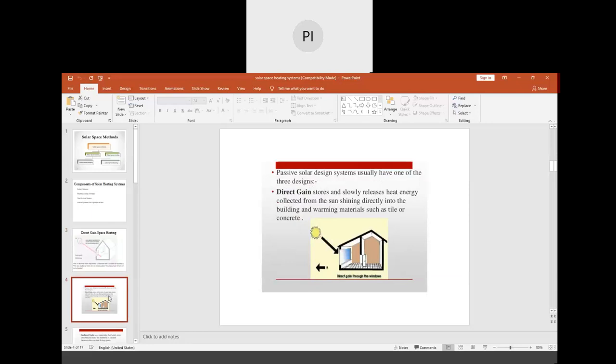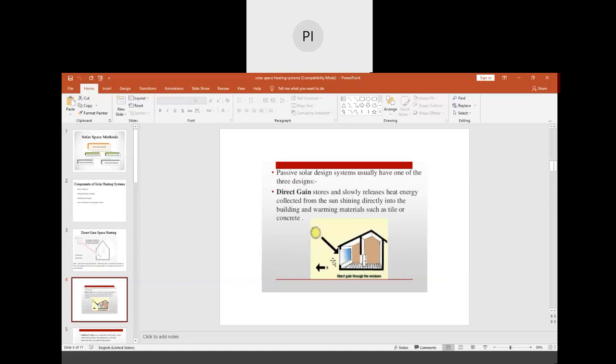And this is another example of a direct method. This is a window. North-south direction windows absorb more energy when compared to other side windows, so south direction windows may be selected in large size. That is, the total sun radiation is absorbed by the floor.